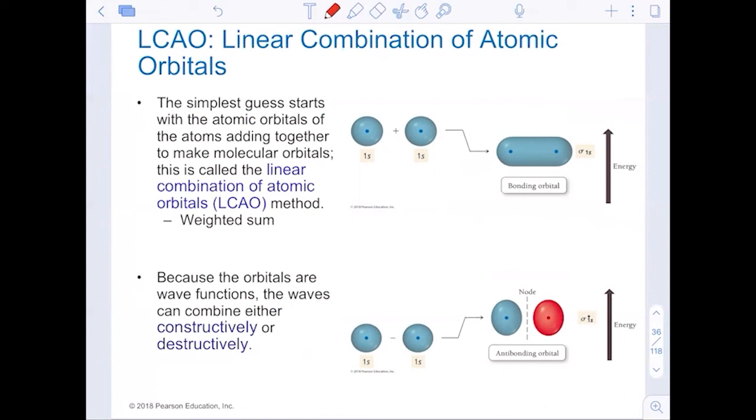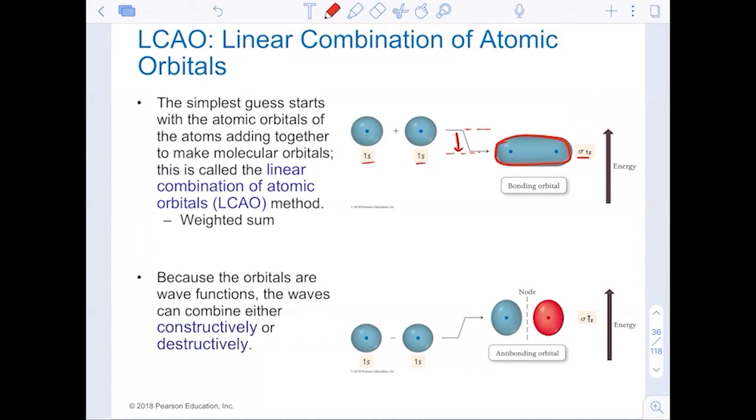The simplest thing that we can start with is this Venn diagram idea that when two atomic orbitals come together, like the s orbitals, they must create some sort of bonding orbital. We call that sigma, and we do notice that it is energy lowering, right? Overall, the energy difference between the atomic orbitals and the bonding orbital should be lowering.